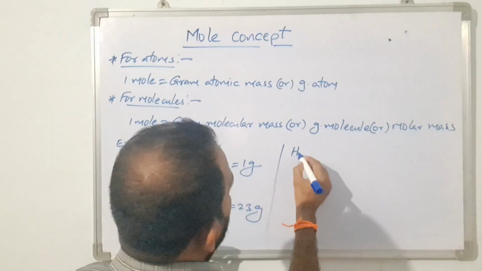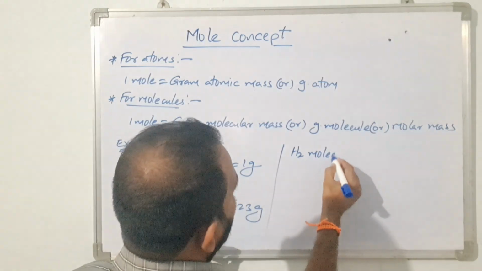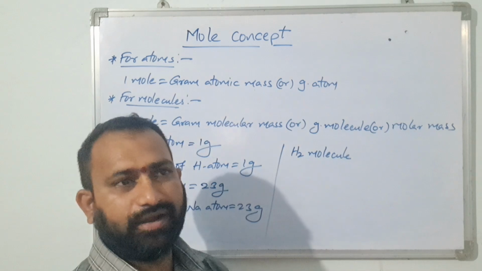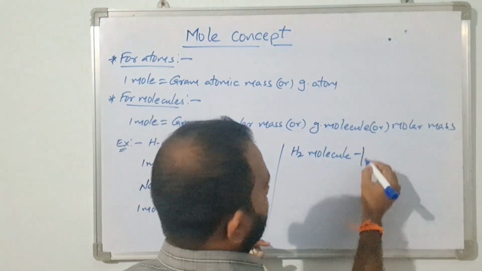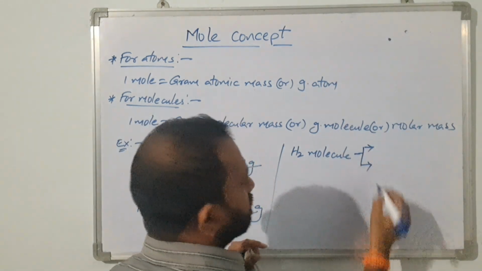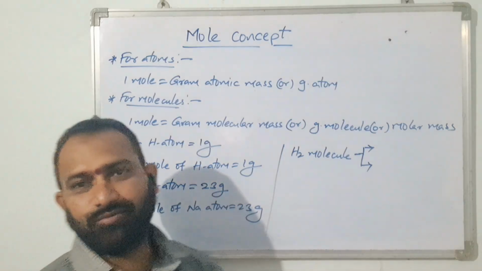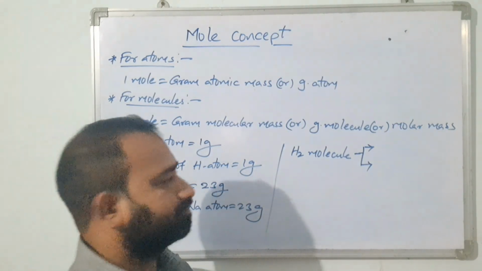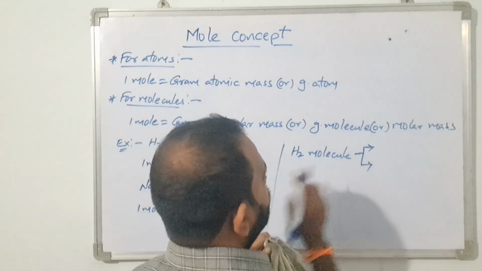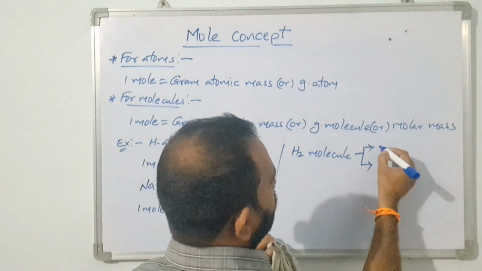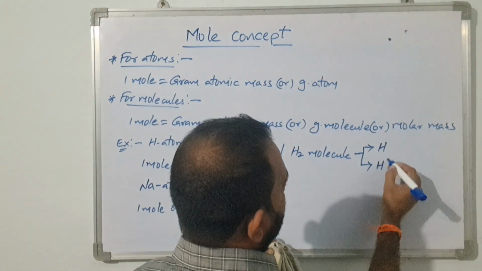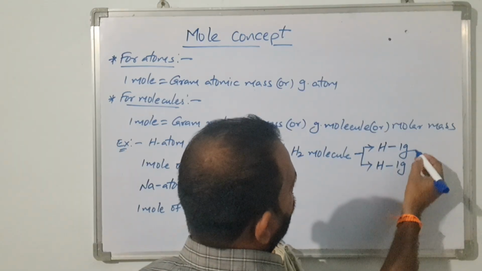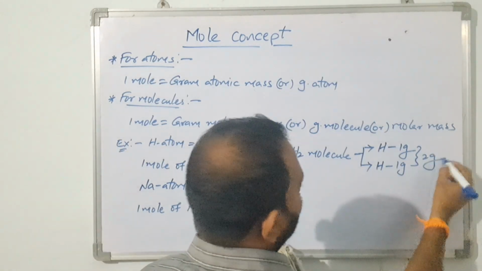Okay, so for the H2 molecule, H2 is made by 2 hydrogen atoms. What is molecular mass? The sum of the atomic masses of the atoms present in the molecule is molecular mass. So the H2 molecule contains 2 hydrogen atoms. This hydrogen atom weighs 1 gram, this is also 1 gram, so the total weight is 2 grams.